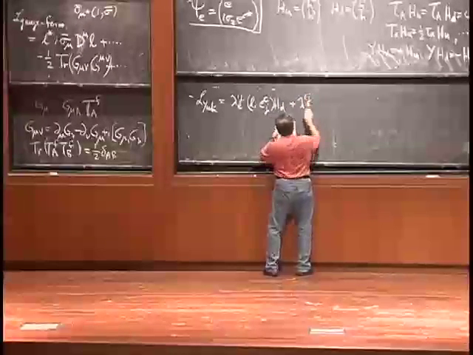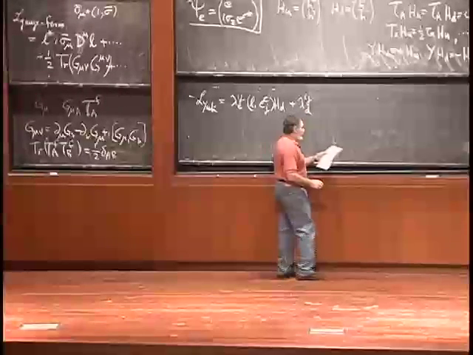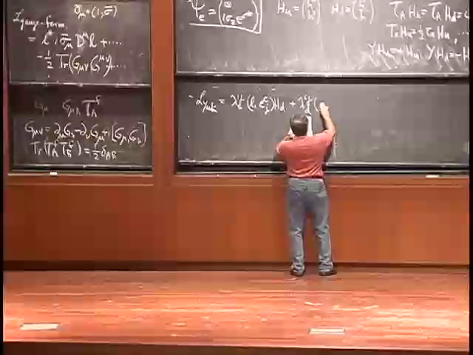The I and J indices on these 3x3 complex matrices, these Yukawa matrices, are flavor indices, so they go from 1 to 3.